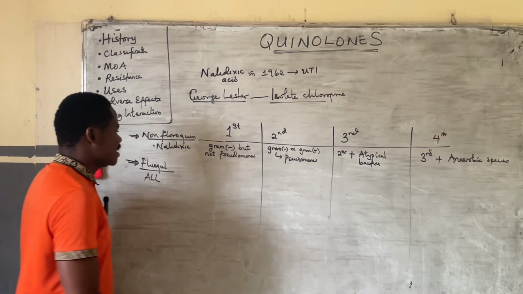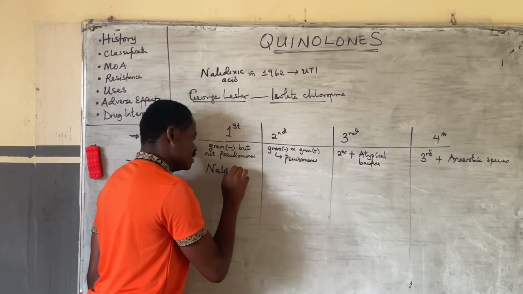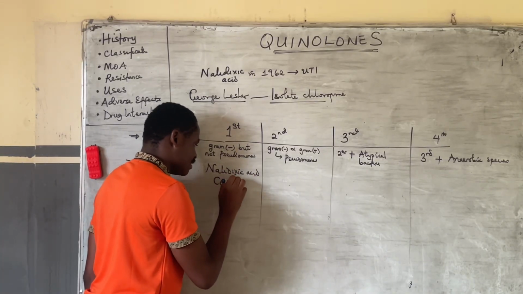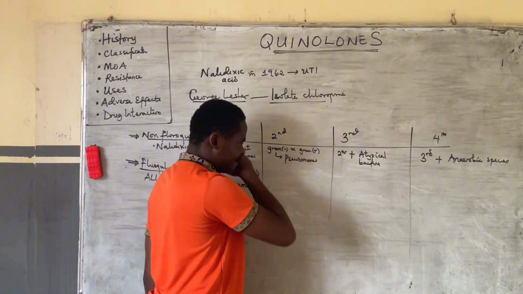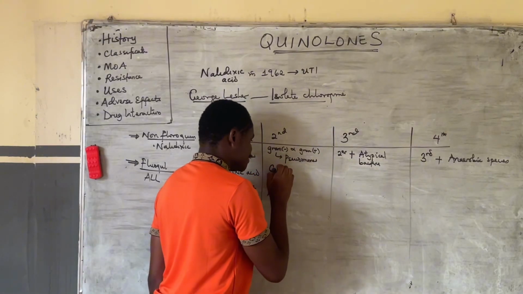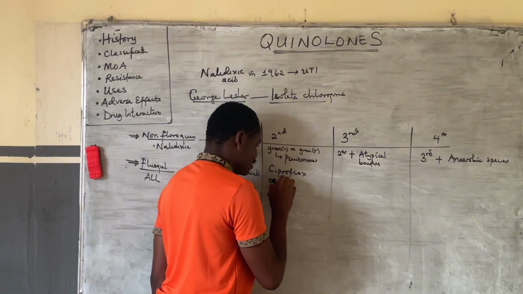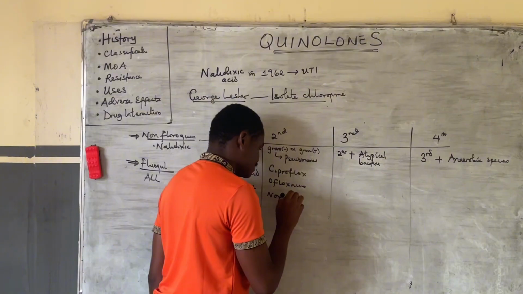Now, what examples? For the first generation, nalidixic acid and cinoxacin. For the second generation, we have ciprofloxacin, ofloxacin, norfloxacin.